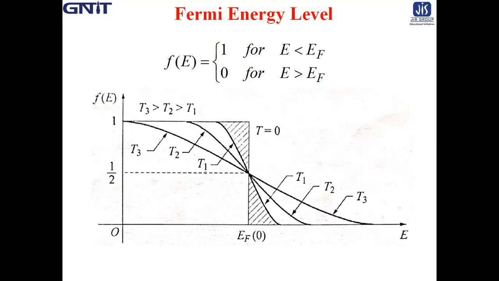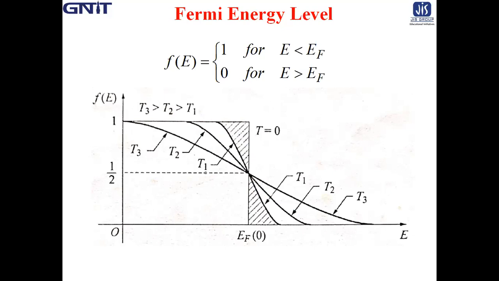That is, the step function is rounded off, meaning the boundaries of the Fermi step are blurred over an energy range of a few times kT around the value E equal to EF.